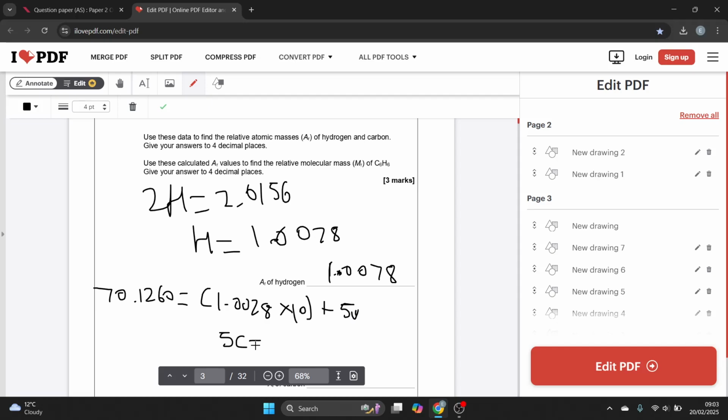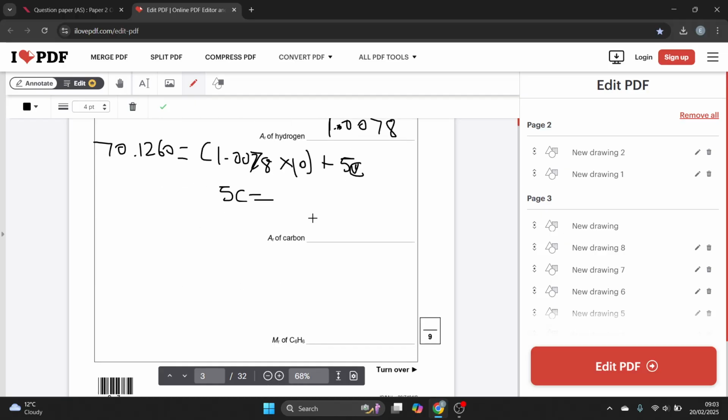Therefore 5 carbons equals, should be 7-8. Doesn't look like a 2-8. So carbon is 12.0096.